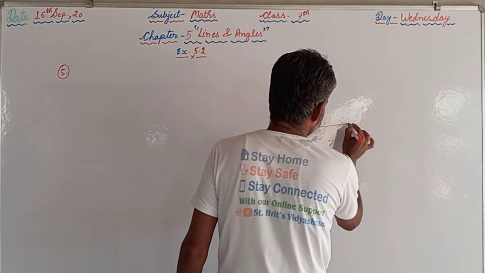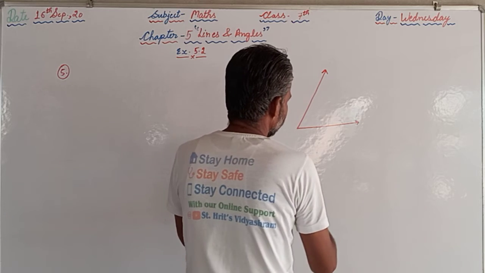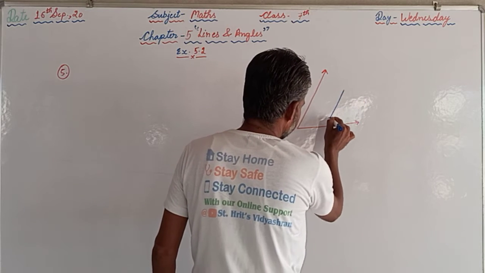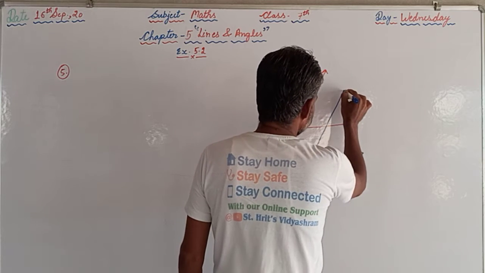So first of all we should draw the figure. Now one angle is like that and the second angle is like this.